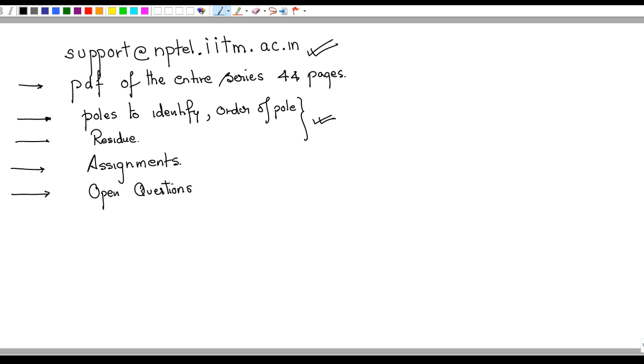Now, because these are contour integrations on specified contours, and these are multiple choice also, let's say you have a contour integration to be done. You come from minus infinity, you go around, you go forward, and you close, hypothetically. So there is portion 1, portion 2, portion 3, portion 4.